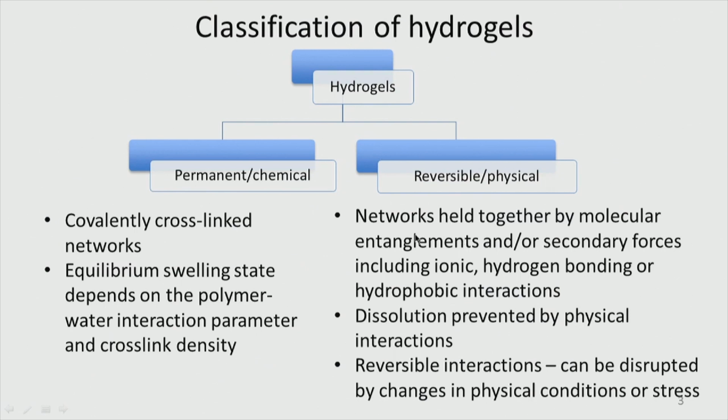Whereas physical, the networks are made up of molecular entanglement or secondary forces like ionic forces, hydrogen bond forces, hydrophobic interactions and so on, and the dissolution is prevented because of this. And these are all very reversible. So, when I change the physical conditions or stress, they may come back to the dry state.